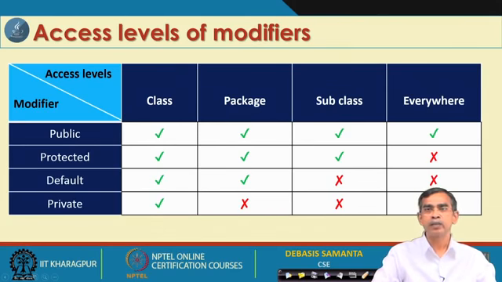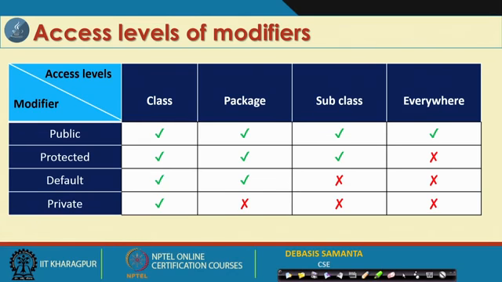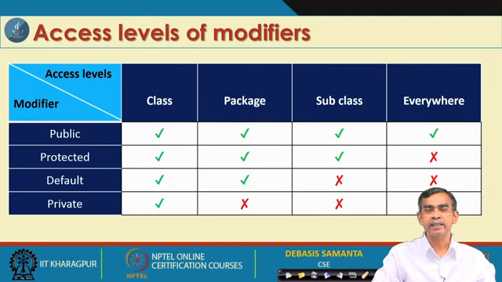Now, the scope can be understood from this table. We have mentioned the access level and the different modifiers that we have discussed, 4 modifiers. So far as public is concerned, any class has access to a public member, any package also has access to that member, any subclass, and it can be from anywhere. So, if it is public, it is like global.